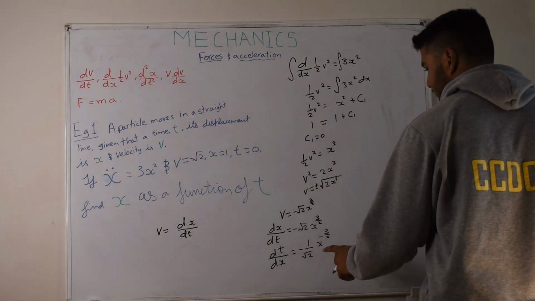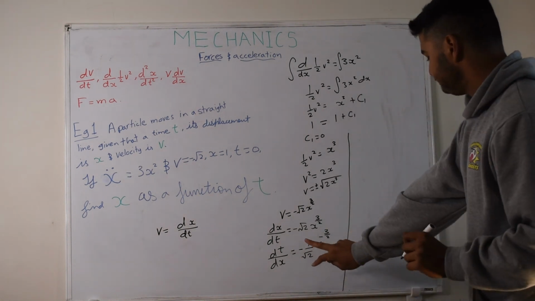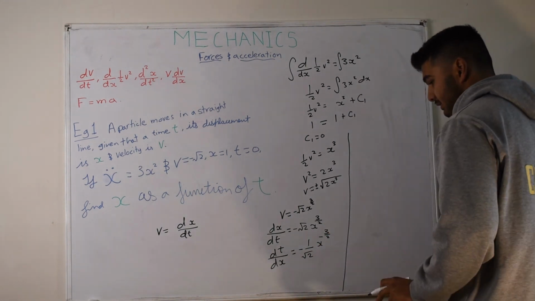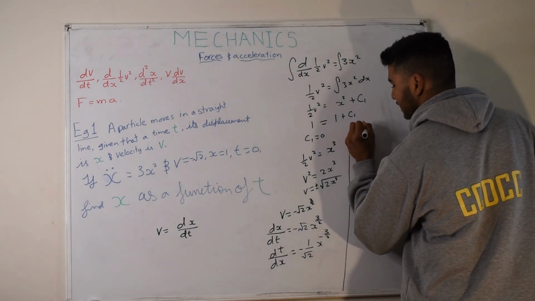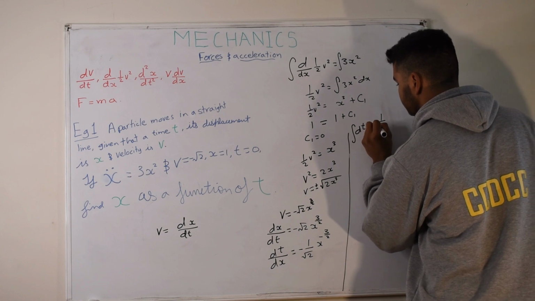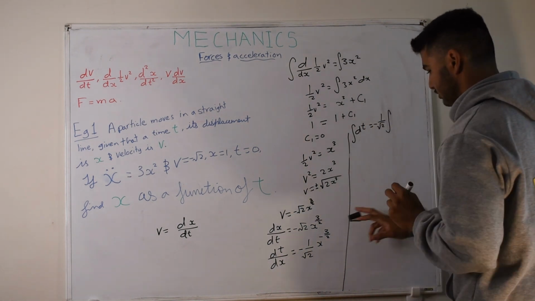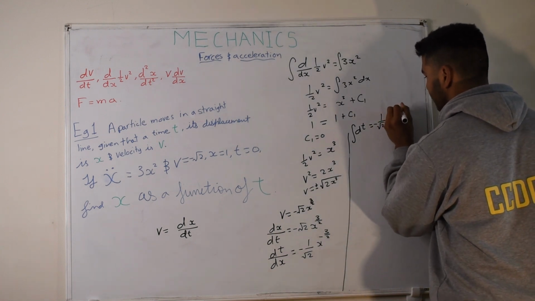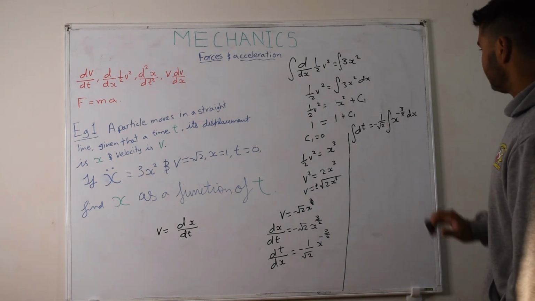Correct. Coming back over here, integrate both sides. We then get obviously t equals this, negative 1 on root 2. Take the constant outside. Integral of x to the negative 3 upon 2 dx. Correct?